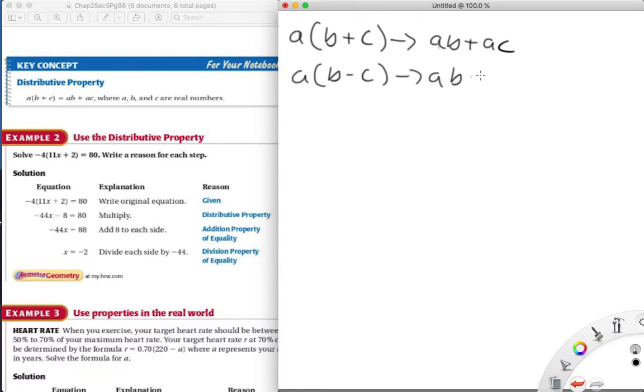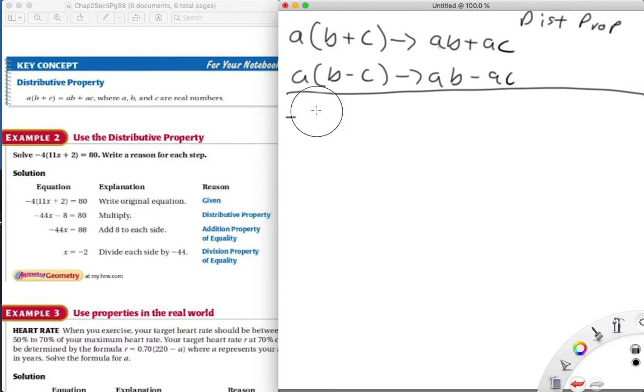Times v. And again, we already know this. All right, distributive property. Again, they give us a scenario. Let's see. This is distributive property. We have negative 4 times 11x plus 2 equals 80.